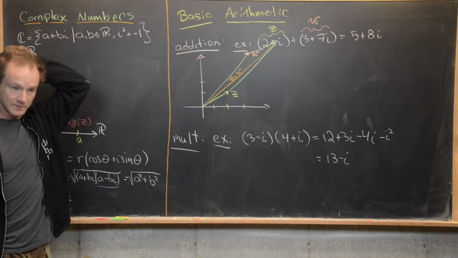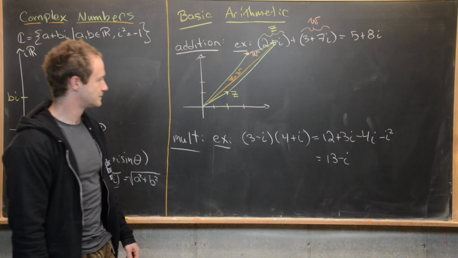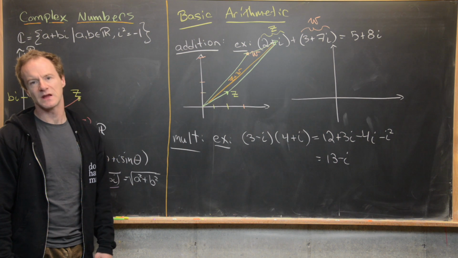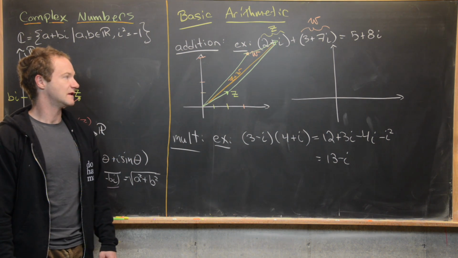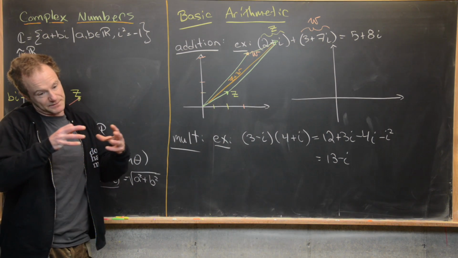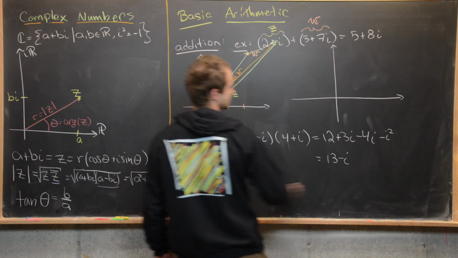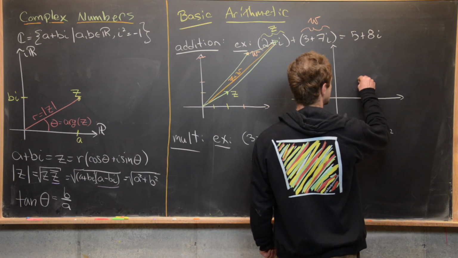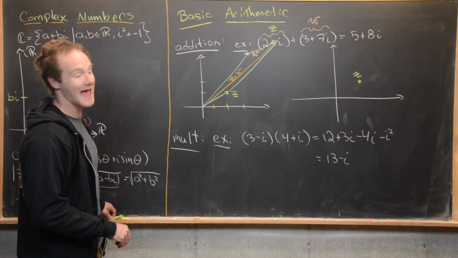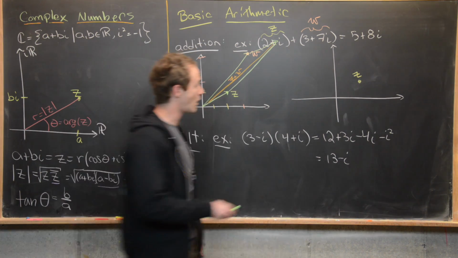Okay, great. Now, what about a geometric application of multiplication? Well, if we're multiplying by a positive real number, then that has the geometric effect of expanding the plane by a factor of that real number. So let's say we have z here, and then let's say we multiply by a, and let's say a is bigger than 1.